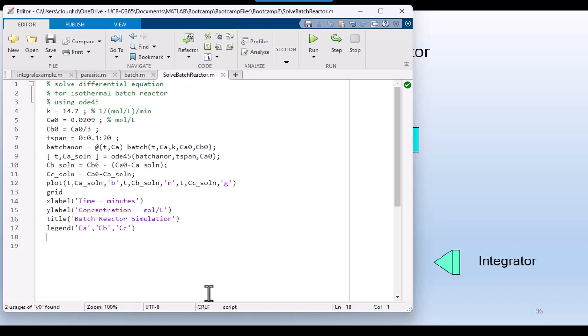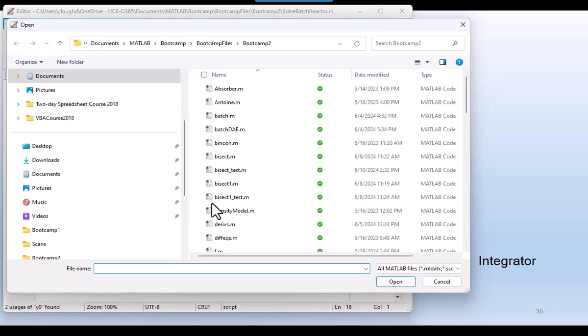Now, there is another way to go about doing this, and that is to use what is called the differential algebraic equation approach, DAE, and we can illustrate that by coming back here and opening a file which is called batch DAE.